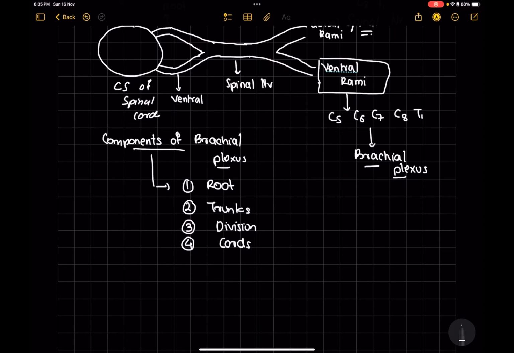Now what are the roots here? That is the anterior rami of these nerves.